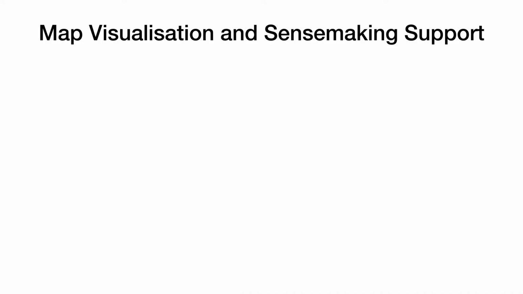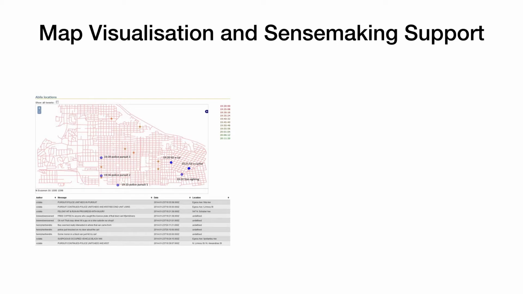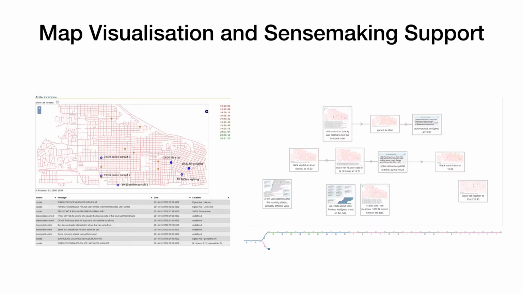SAVI has other visualizations besides the timeline, so these are the map visualization and sensemaking support. The map visualization plots all the messages with locations onto the map so you can see where they were posted and potentially any patterns in those messages. The sensemaking support allows users to record findings.